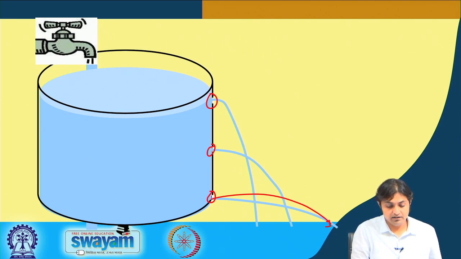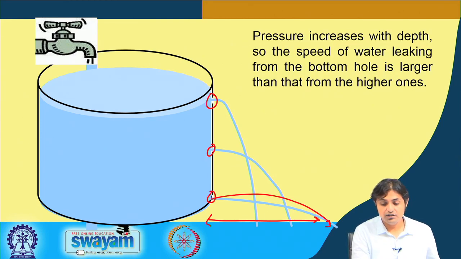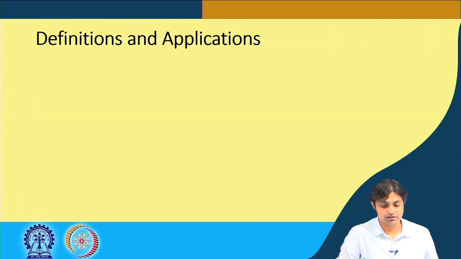What does it say? The distance that each one of them is covering decreases as the valve goes up. This means that the pressure increases with depth. Therefore, the speed of water leaking from the bottom hole is larger than that at higher holes, because the larger the pressure, the larger the force, therefore the higher the speed, in layman's terms. This is for you to understand the basic concepts of how this pressure system works.